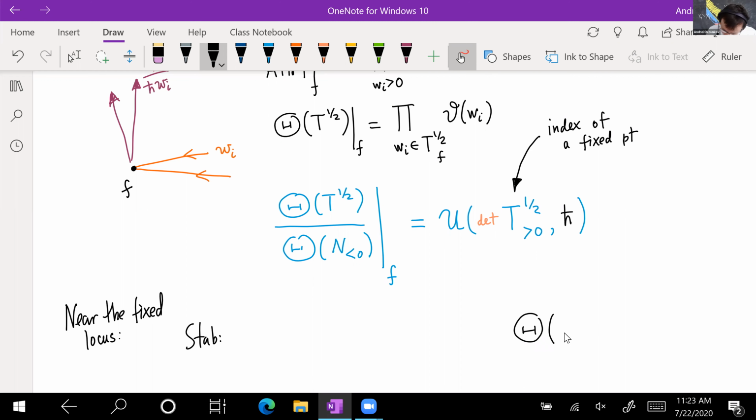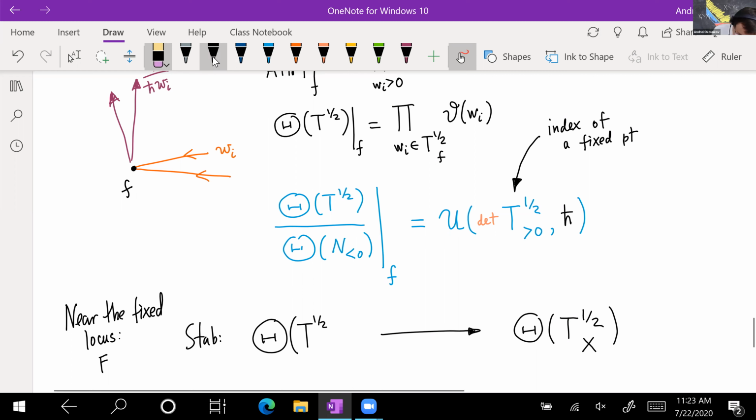Suppose I want to go to the theta bundle localization of X. The source of that map can't be exactly the polarization of the fixed locus, which I'll call F. For this formula you don't need to assume the fixed locus consists of isolated fixed points. It could just be the polarization of the fixed locus.